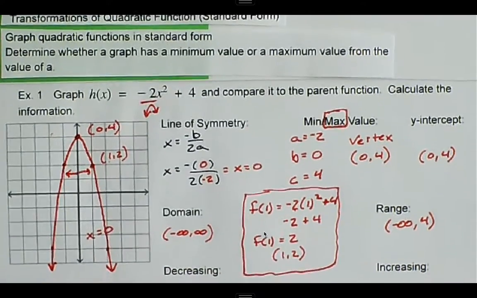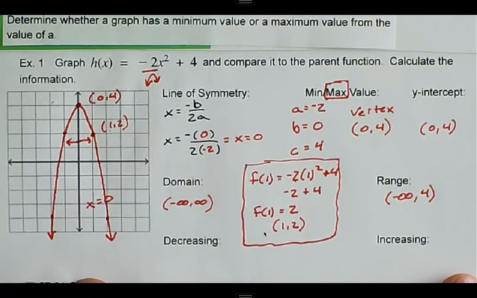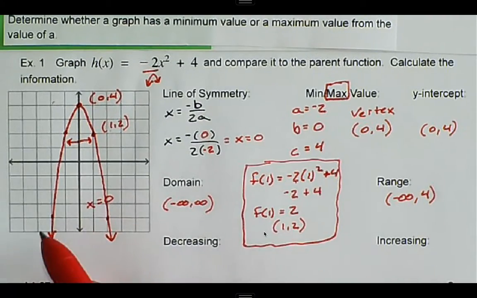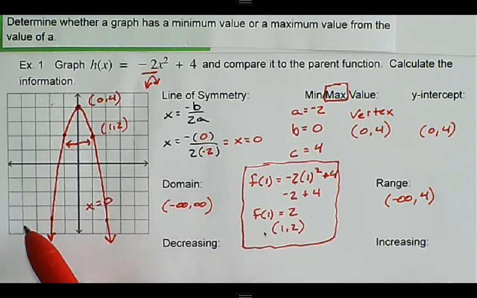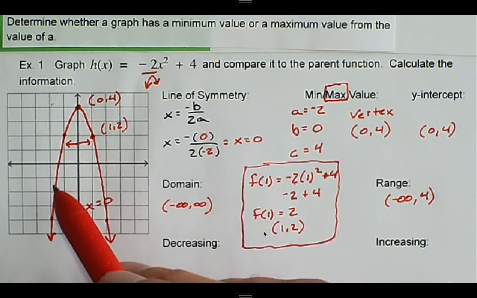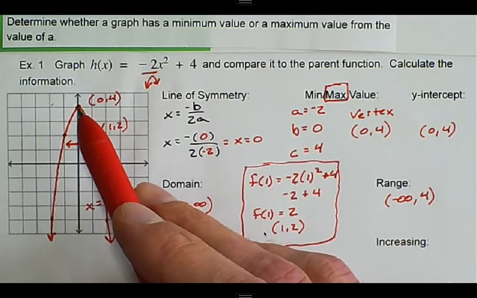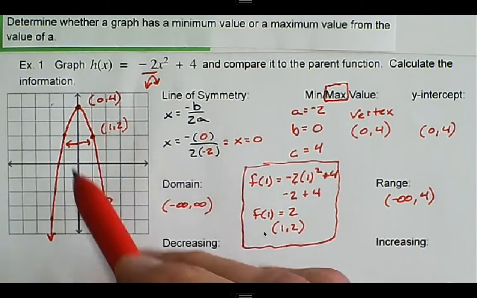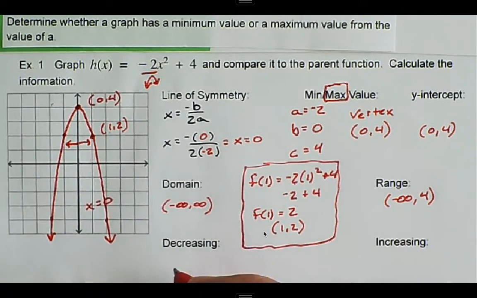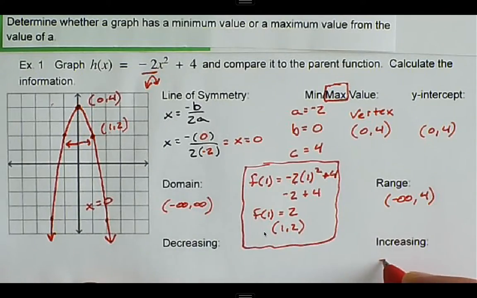And then decreasing and increasing. As we go along the graph from left to right, our pen follows it. It looks like our pen's going up. So our pen is going to increase all the way until x equals 0, which is right on the y-axis. So it's going to increase from negative infinity all the way to 0.